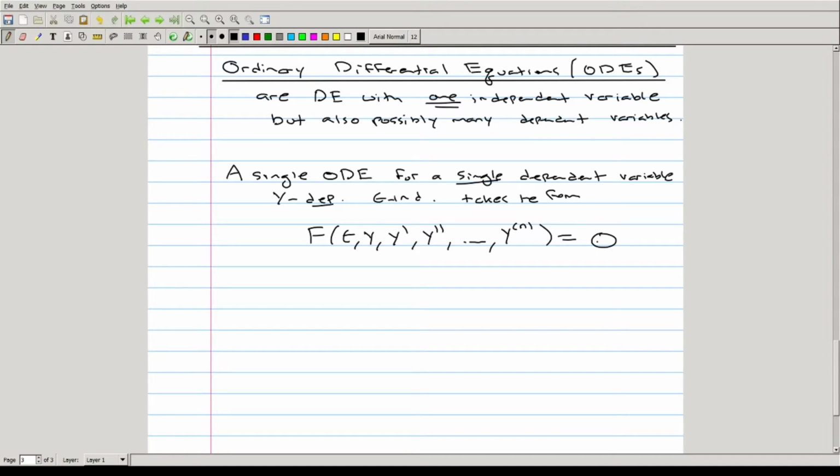Where f here is a multivariable function of the independent variable t and of y and all of the possible derivatives of y up to some order n.